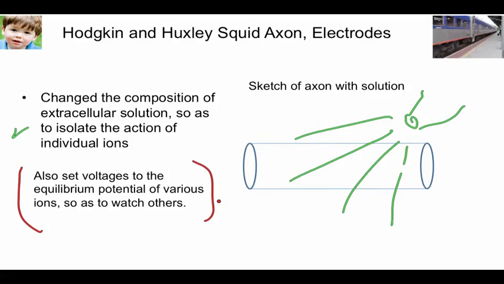So if they set the potential to the Nernst potential for sodium, they knew that sodium ions wouldn't move, and the movements that were observed, whatever they were, had to be from potassium, and vice versa. So that gave them some degree of flexibility in figuring out what was going on.